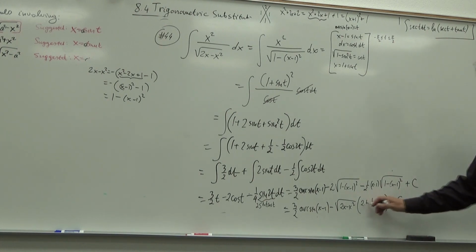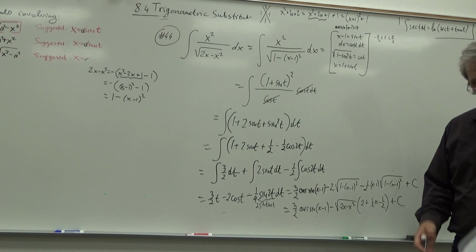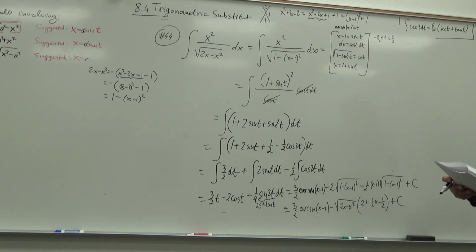Of course, you can now combine these two guys, but this is not good enough. Let's see what it says here. 3/2 arc sine. Yeah, I didn't pull that out. I just left it like this, but I have here opposite side.